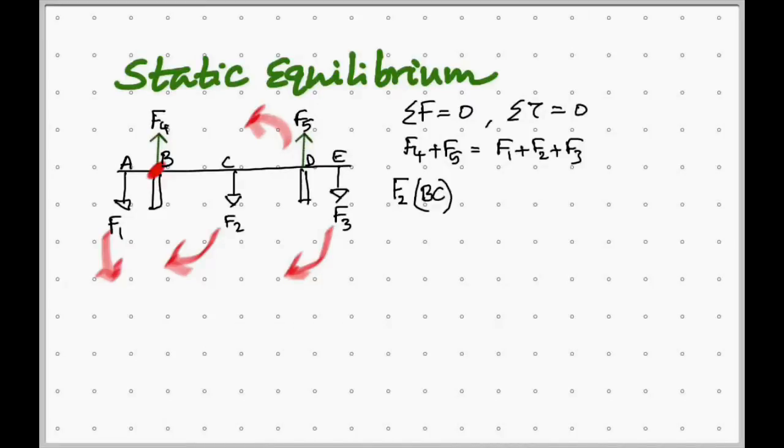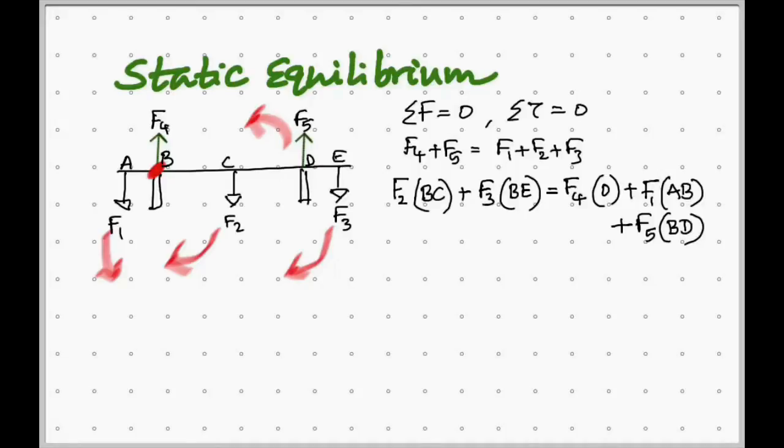All distances are measured from B. F2 times BC plus F3 times BE should be equal to F4 times, thank you, plus F1 times AB plus F5 times BD.